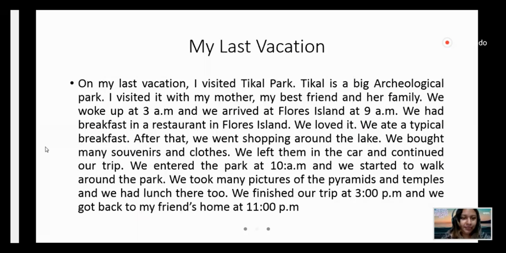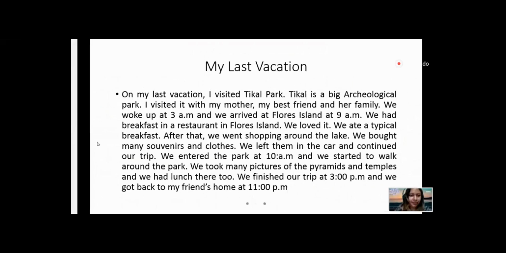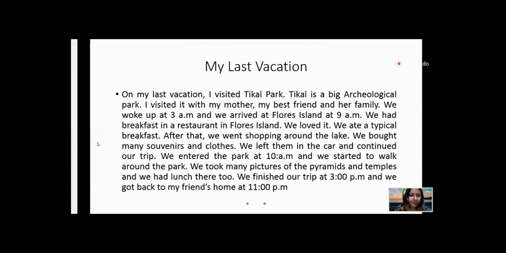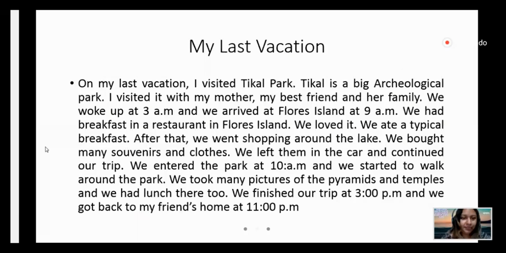And we ate a typical meal. We ate a typical meal or typical food. We ate, all right. And for the time of meal time.